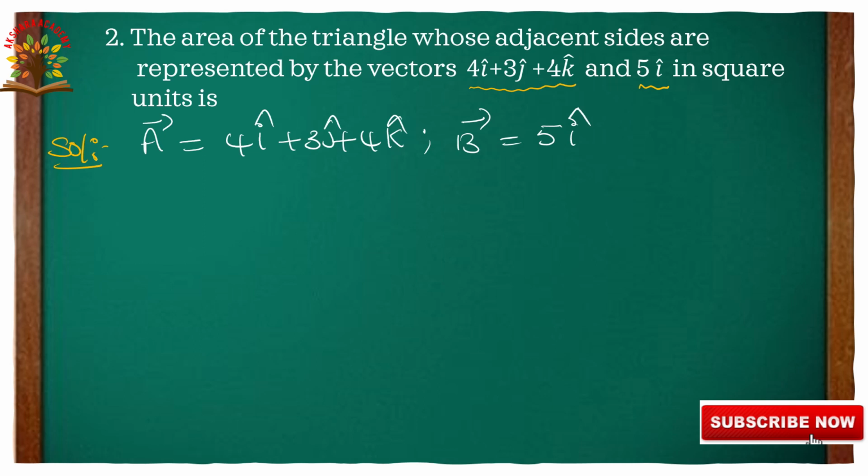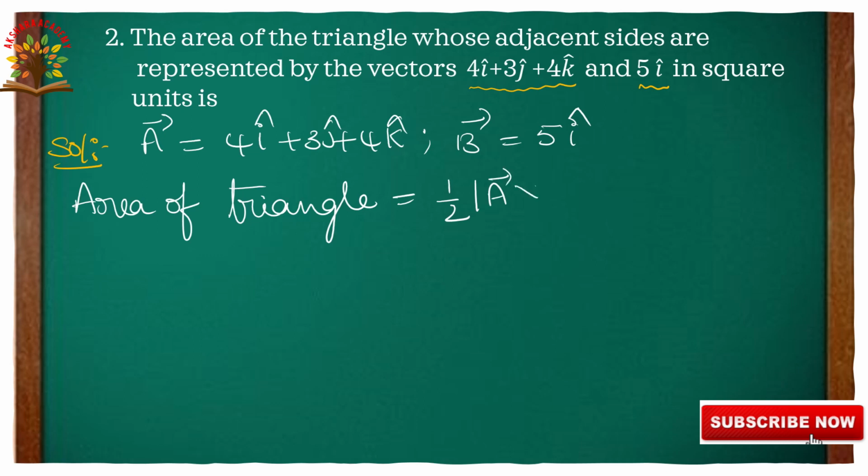Now we are finding the area of the triangle. Area of triangle equals half into modulus of A bar cross B bar.